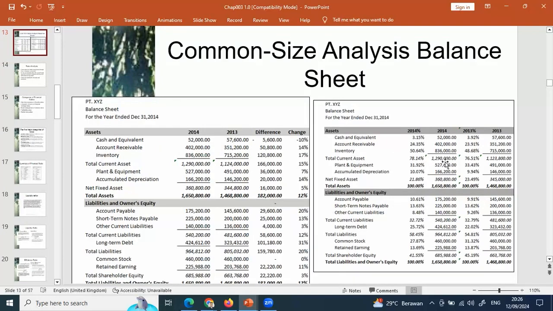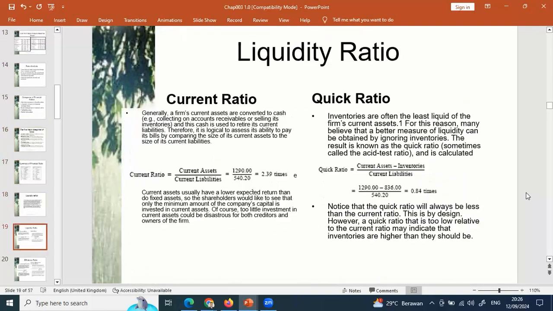So we got 2.339 times. It means our asset is 2.3 times higher than the liability, so the company is safe. The current asset can pay 2 times the liability, which is good.